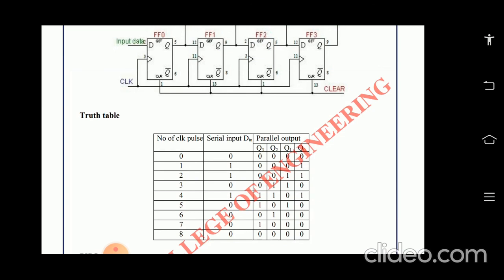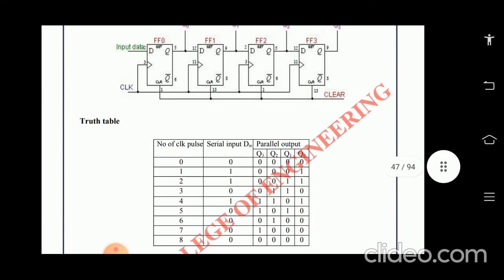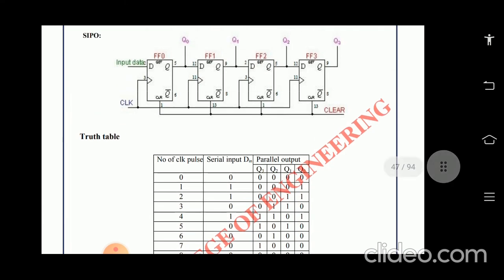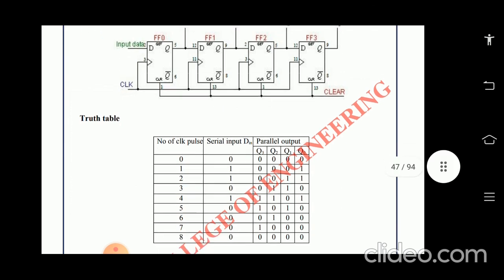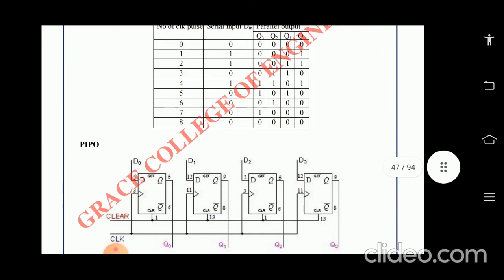Whenever we give the clock pulse as per the circuit diagram and truth table, the corresponding output will appear on our output side, that is the Q0, Q1, Q2, Q3 pins.